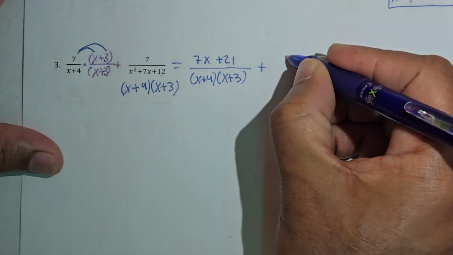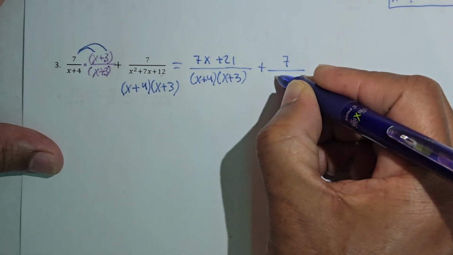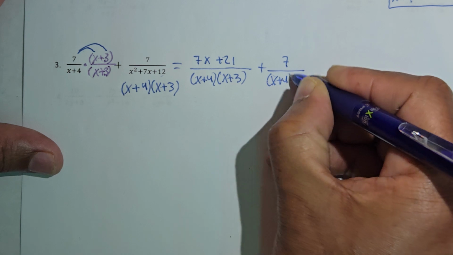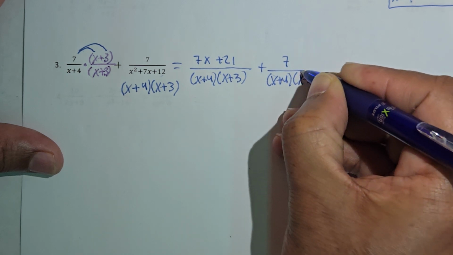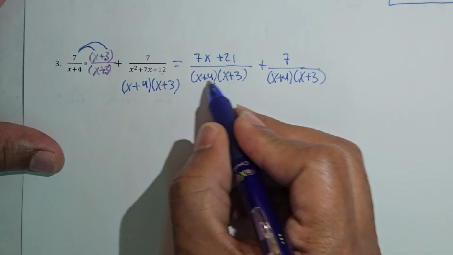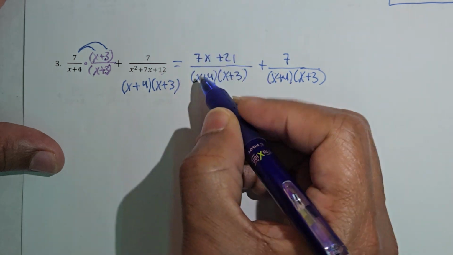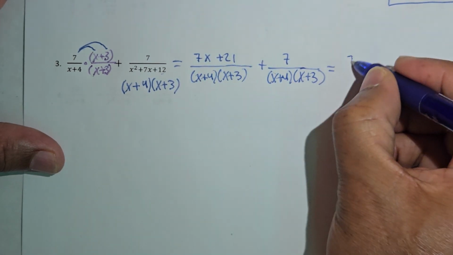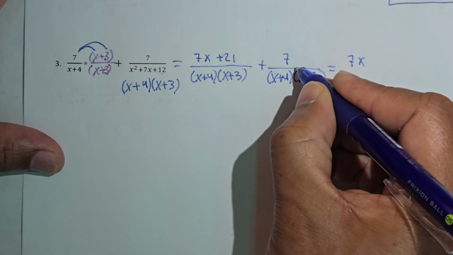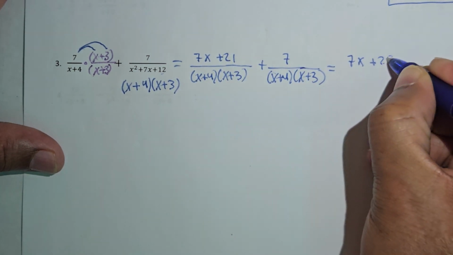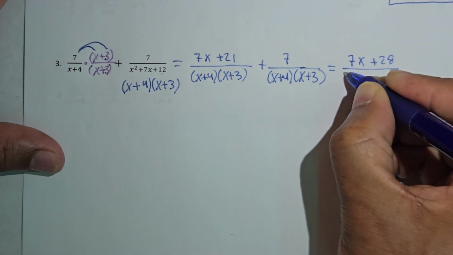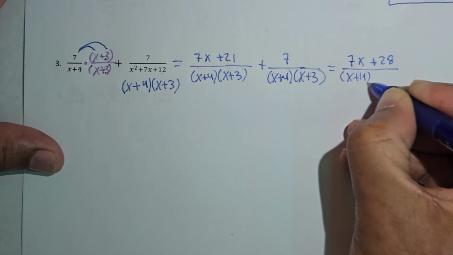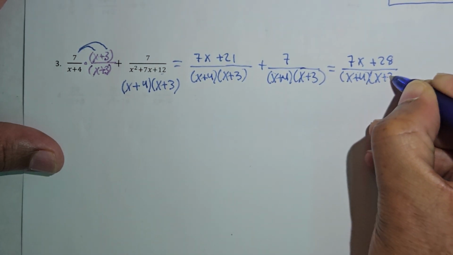So then this one is 7 over x plus 4 times x plus 3. Okay, now since we have the same denominator, let's combine the terms in the numerator. So 7x, we just leave 7x, and then 21 plus 7 is 28 over x plus 4 times x plus 3.